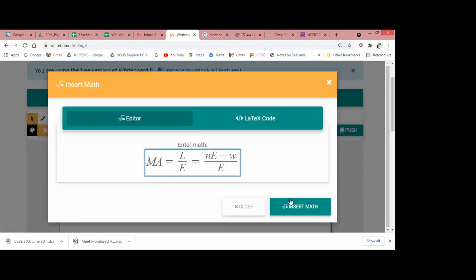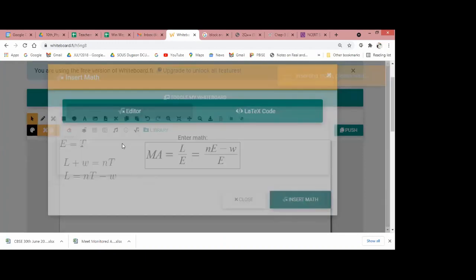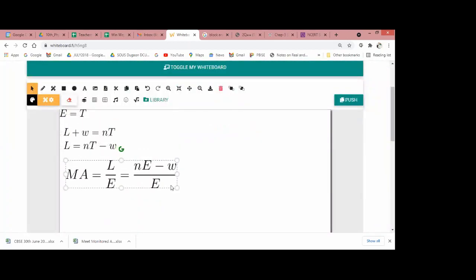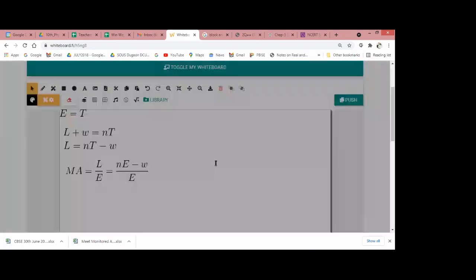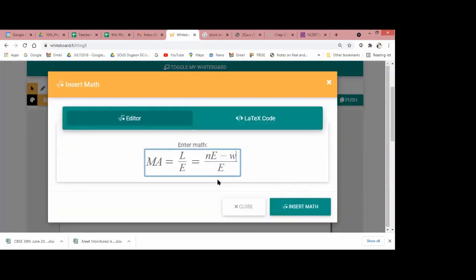So now tell me, if I want to distribute that E, if I further distribute it, like this, what will happen?